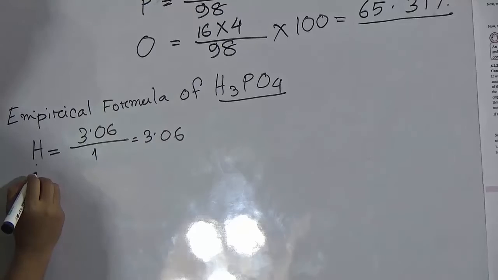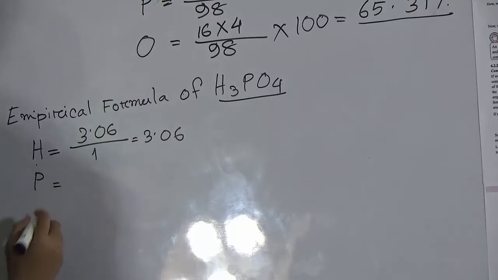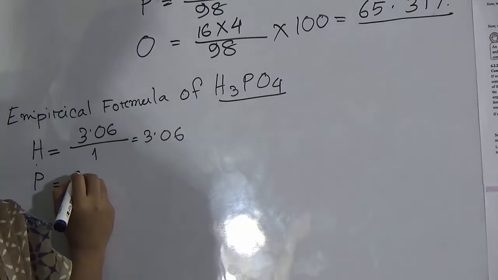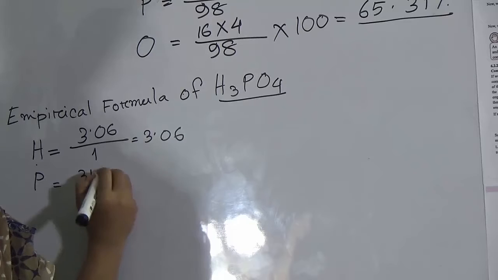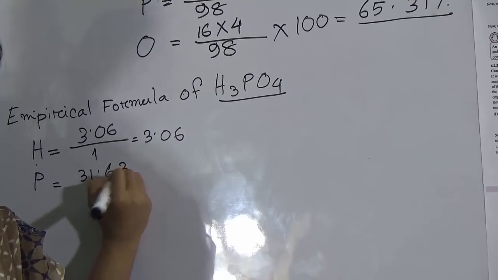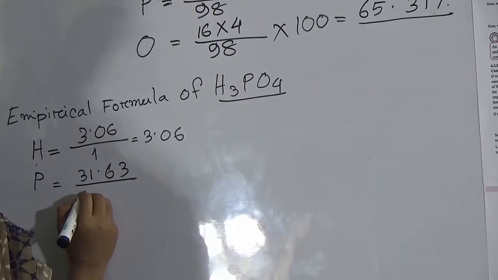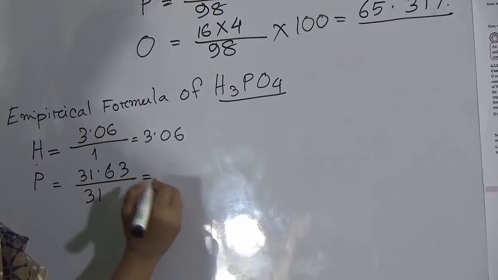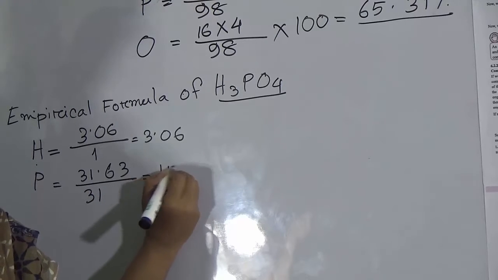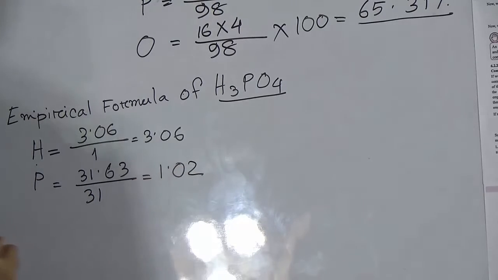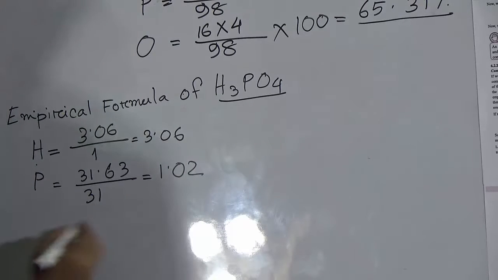Now come to phosphorus. Then our percent composition is 31.63 and its atomic mass is 31. If we calculate, we will get 1.02 as the result.